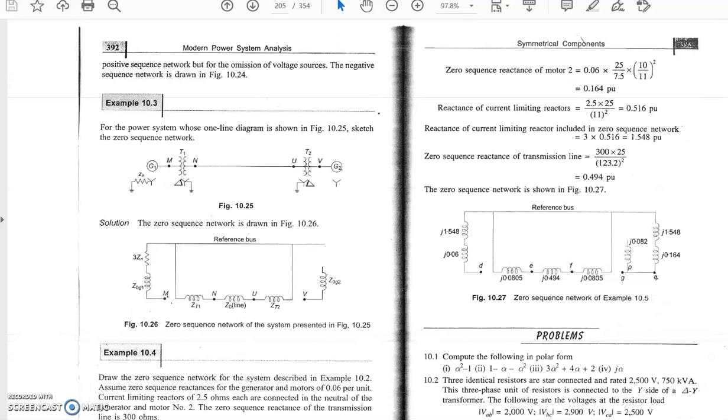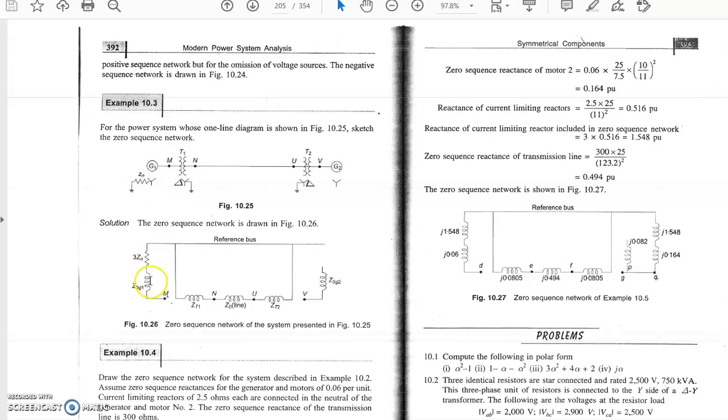I will not go for the values. Then the zero sequence network of this connection. If we discuss the zero sequence network, one thing you have to note down here: no induced EMF will be in case of the zero sequence connection, so EMF has not been shown here.